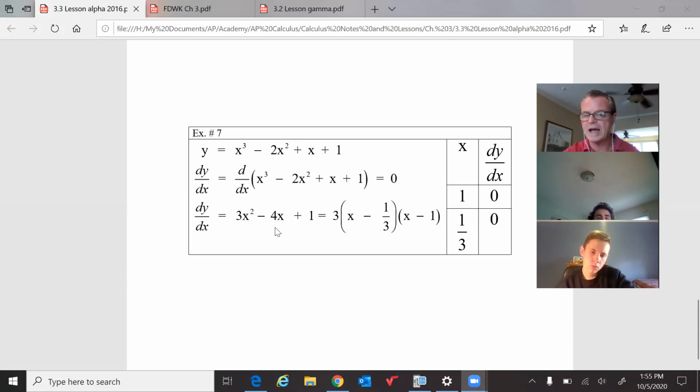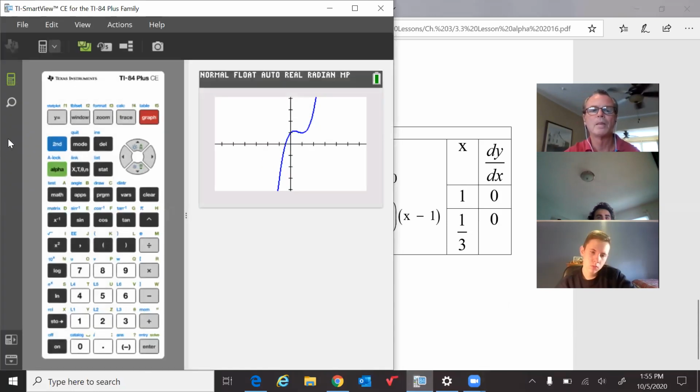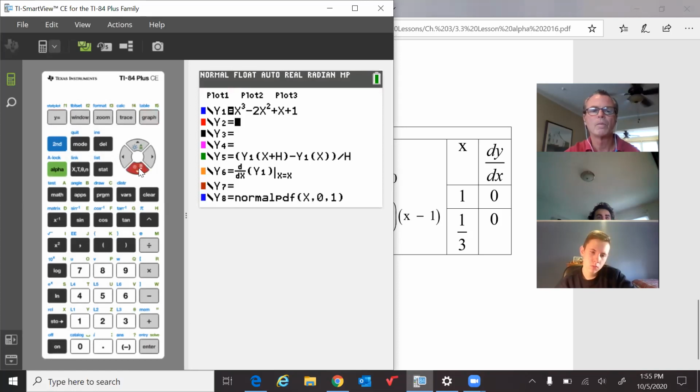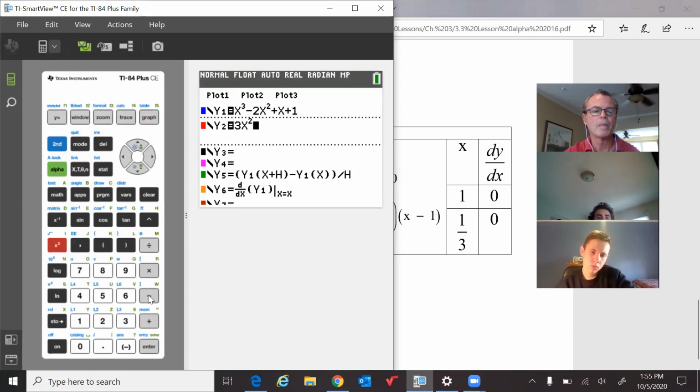So I take this 3x squared plus -4x plus 1. We'll do it the long way this time instead of just turning on Y6.